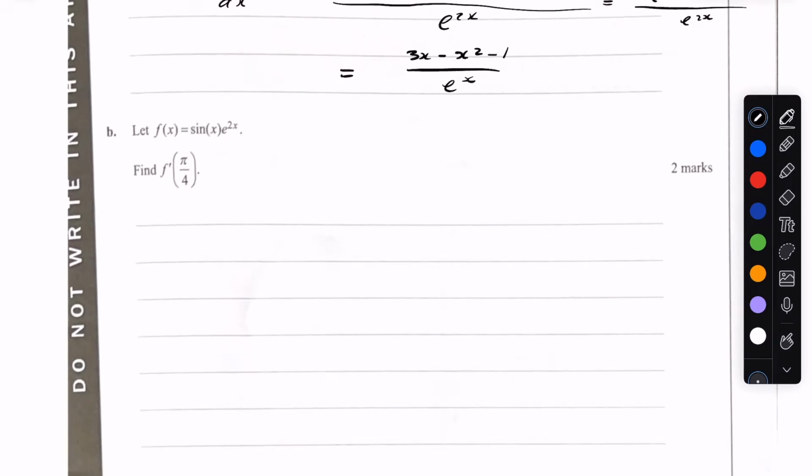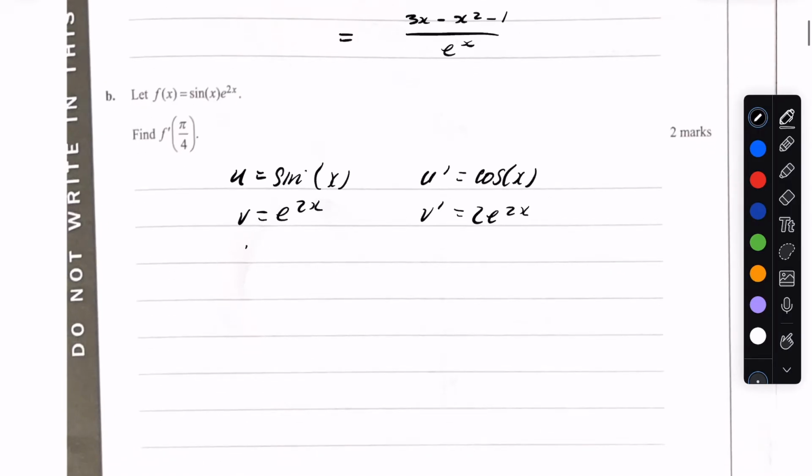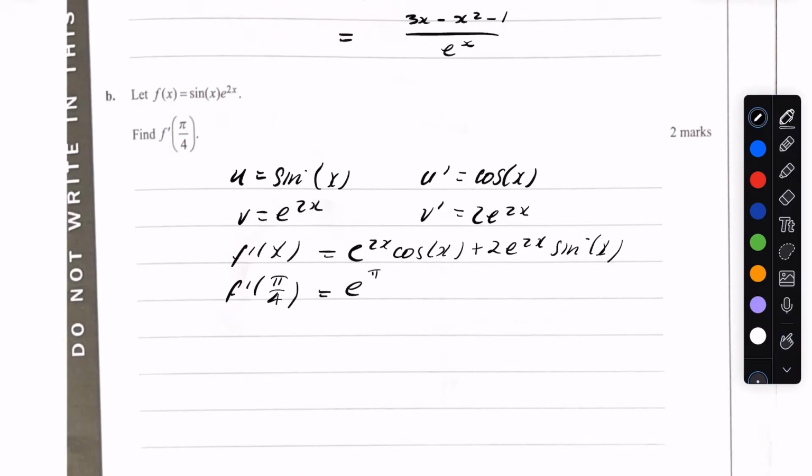Okay, so u is equal to sine x. u dash is equal to cos x. v is equal to e to the power of 2x. And v dash is 2e to the 2x. So f dash x is equal to e to the 2x cos x plus 2e to the 2x sine x, and sub in pi on 4, we get e to the pi on 2.